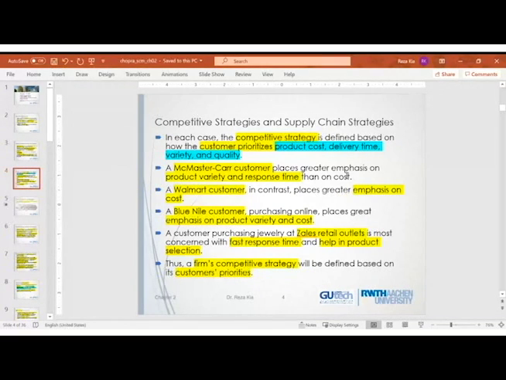So you see, for different kinds of product and different kinds of customers, the priority might be different. And if you are targeting a specific kind of customer, you need to address their priority. Your competitive strategy, your competitive advantage, should be aligned with your customer priority.